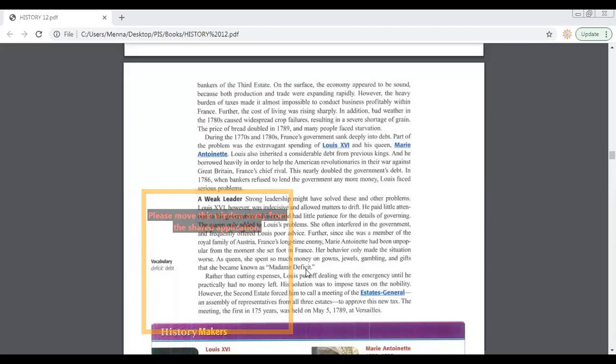Okay, now the political has all the details that Marie and Louis did, which I explained a couple of seconds earlier: that he was indecisive, he did not pay attention to the government, he was interested in the parties and the hunting, that he married a member of the royal Austrian family, which was France's longtime enemy, that the wife interfered and tried to rule or take control of the governmental matters, but instead she started spending excessively on gowns, jewelry, cake, gifts, and gambling. Okay, these are the political reasons.